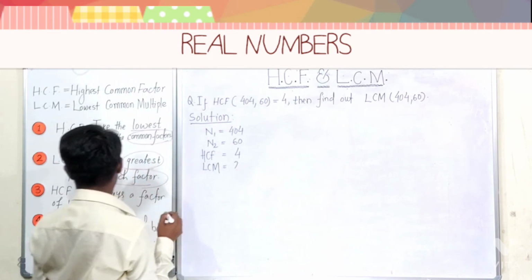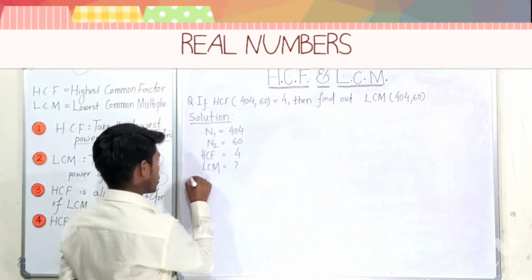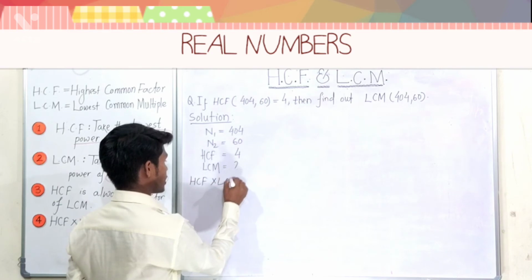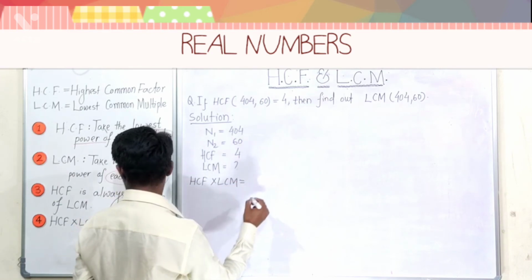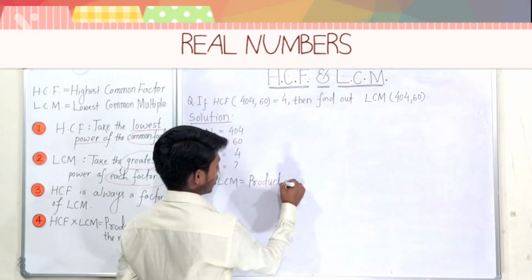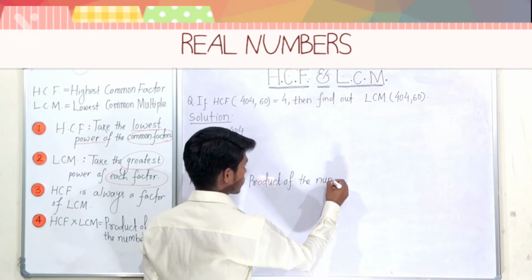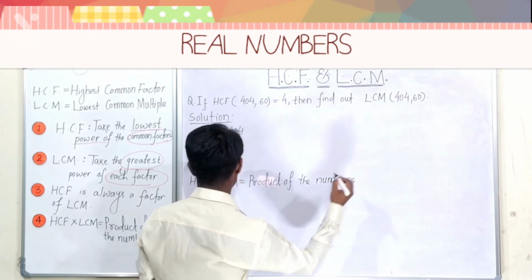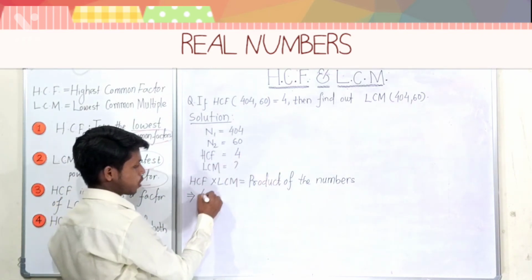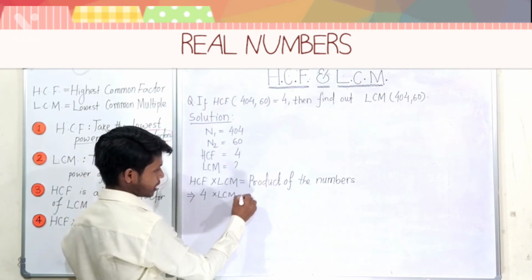So how to find out? At first you have to write this relationship, that is HCF into LCM is equal to product of the numbers. So we'll write HCF multiplied by LCM is equal to product of the numbers. Next you have to put the values only. Here HCF is given 4, in place of HCF we will write 4, LCM is asked, so we will leave it like this.